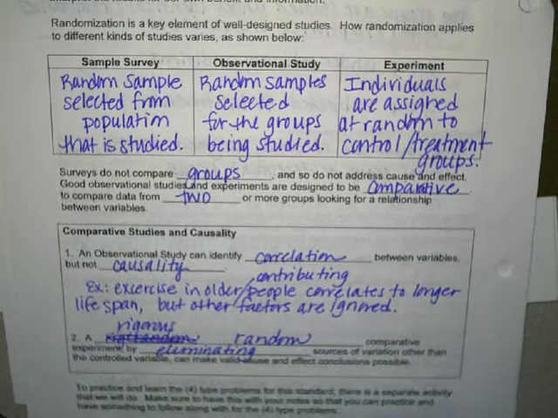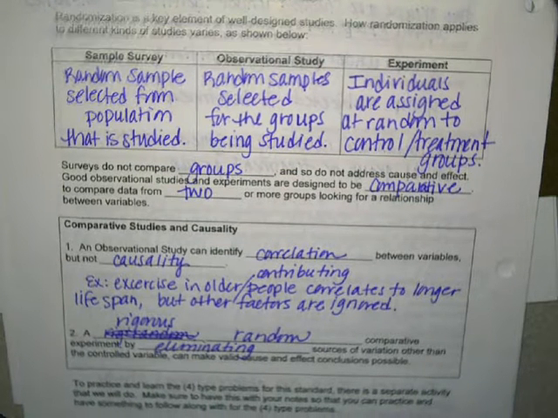But we can't say that exercise will give you a longer lifespan because other factors are being ignored. Maybe they have an injury and they can't exercise, but they still live a long time. There's a correlation, but you can't say that exercising will cause longer life because there's other factors that are ignored.